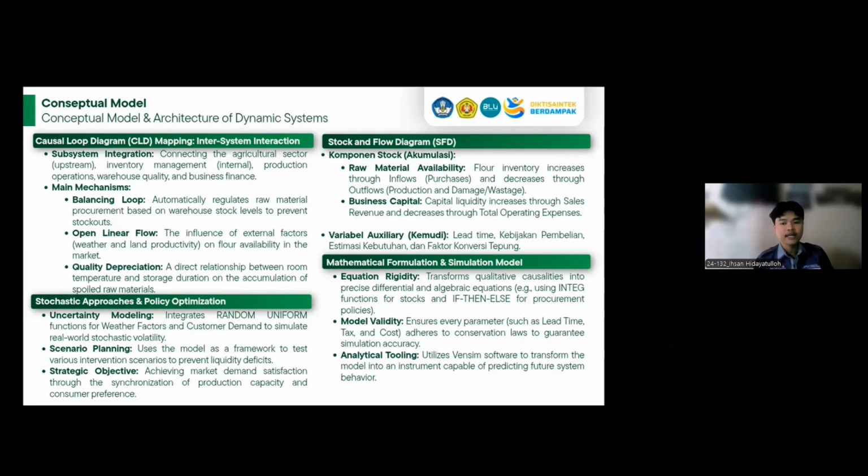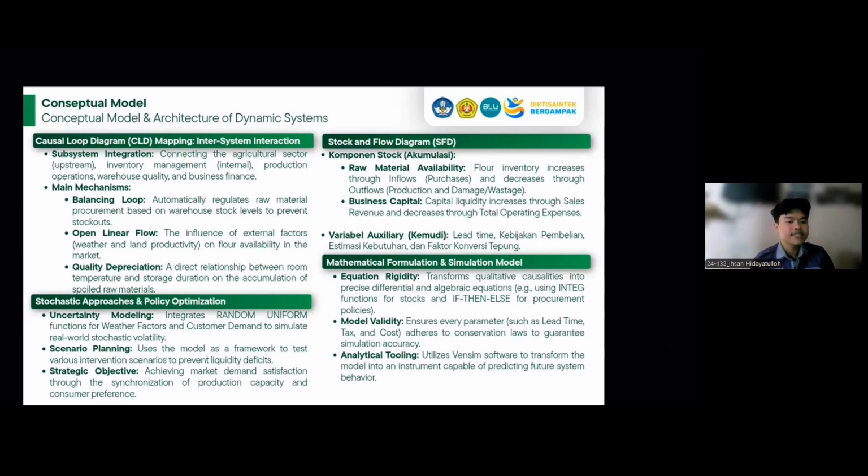And the second is business capital. It tells about capital liquidity increasing through sales revenue and decreasing through total operating expenses. And the next is the auxiliary variables. There are lead time, kebijakan pembelian, estimasi kebutuhan, and faktor konversi tepung.